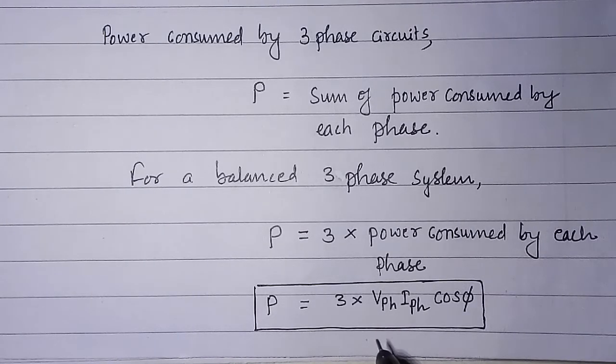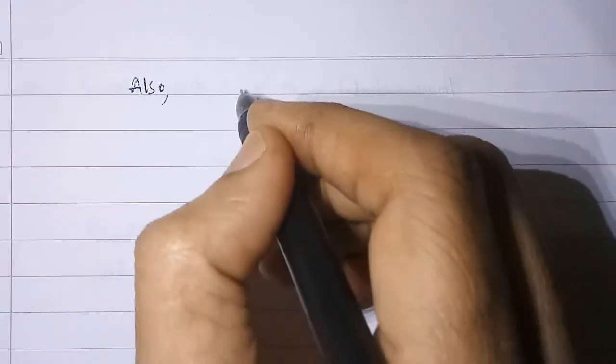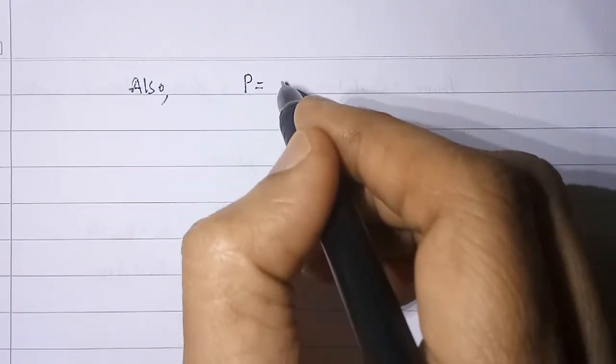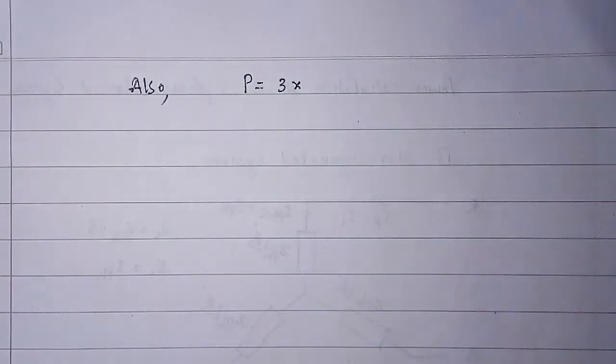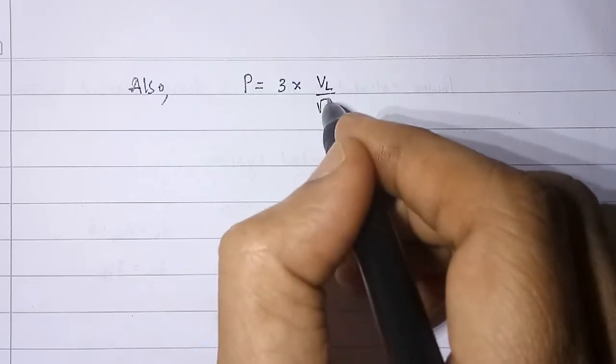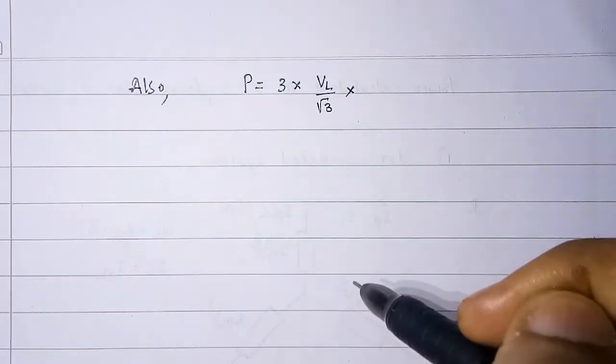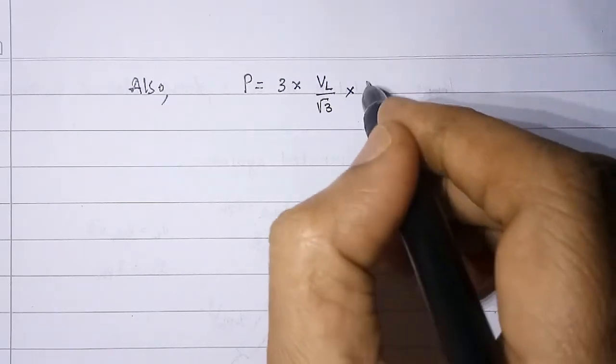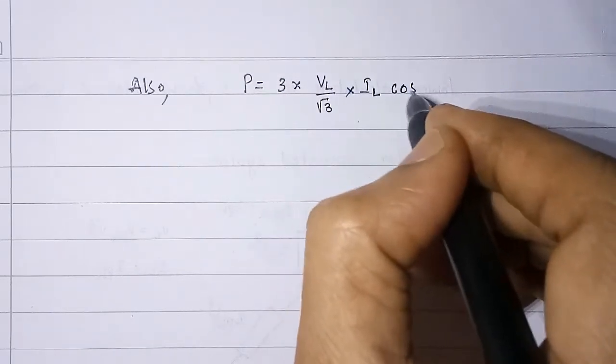So when we take phase quantities for calculation of power, power is equal to 3 times VPH IPH cos phi. If we take line quantities, then we can write here also P is equal to 3 into, what is VPH? VPH is VL by root 3 and IPH is equal to IL, into cos phi.